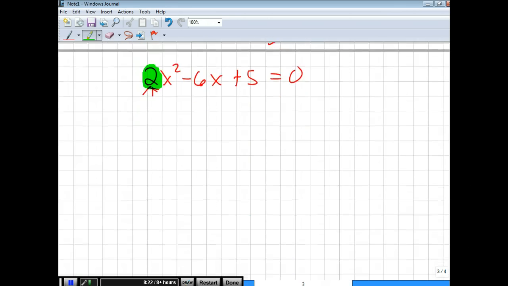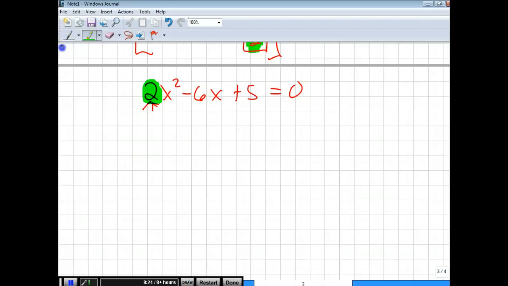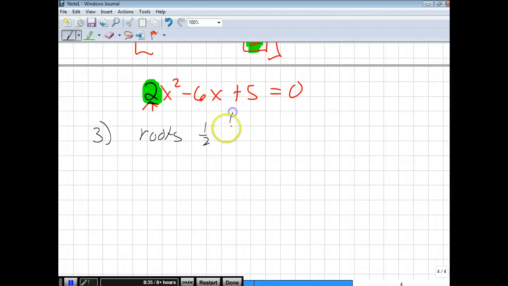Right, so let's do one more example like that. All right, let's do, if my roots are 1/2 and negative 5/2, right? So first step is to find the sum.